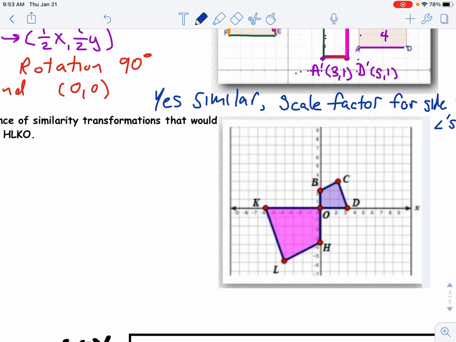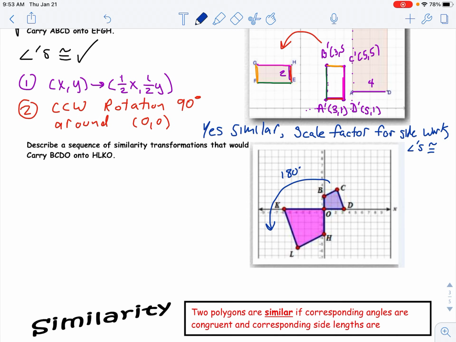So it's not a reflection over that, not a translation. It's actually a rotation. And we're moving 2 quadrants, so it's 180 degrees. So we're going to rotate 180 degrees counterclockwise around 0, 0. That's rule number 1. I don't have the rules memorized.